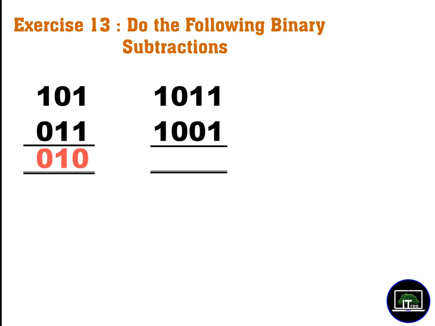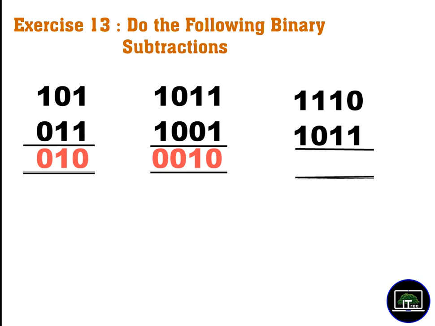You can do this: 1011, deduct 1001. You get that. Okay, you get this one. You deduct 1 from 0, you can't do that. You ask from the next line. You are getting 2. You deduct 1 from 2, it is 1.